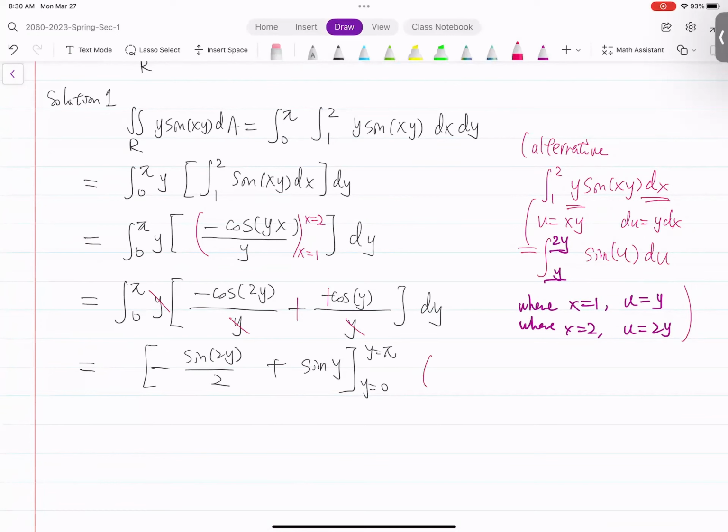And of course, you can do another use of u substitution for cosine of 2y dy if you need it.